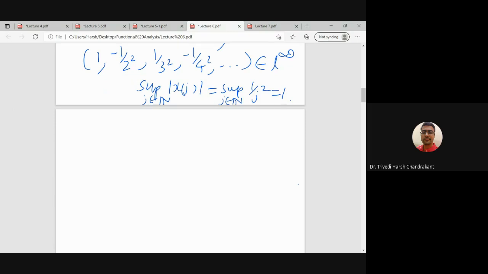Okay, and there are simple examples also which belong to L infinity. So that is the set C00.